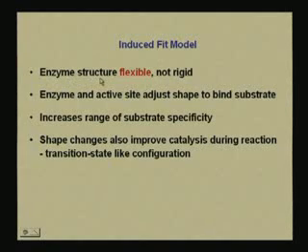The enzyme structure will remain as it is, but as soon as the substrate approaches it, it will modify itself so that it can bind the substrate. So the shape changes to improve catalysis during the reaction, and it usually assumes a transition state like configuration.